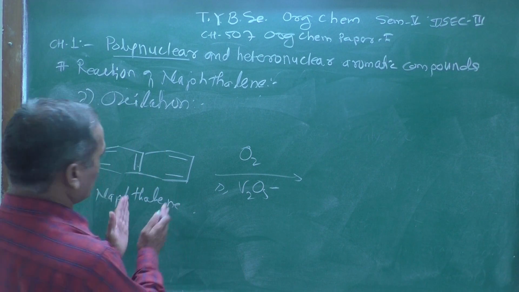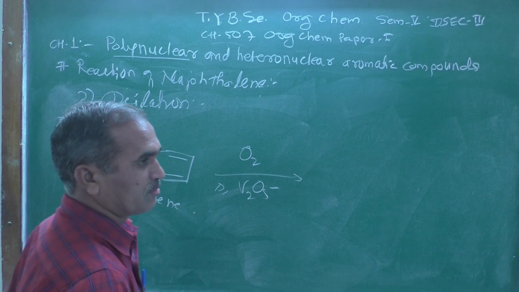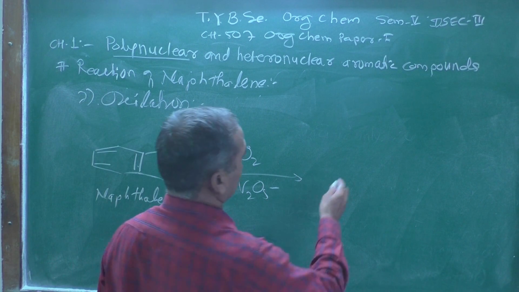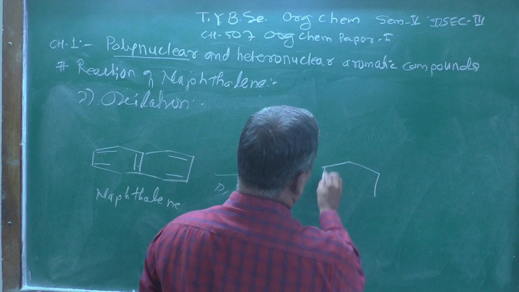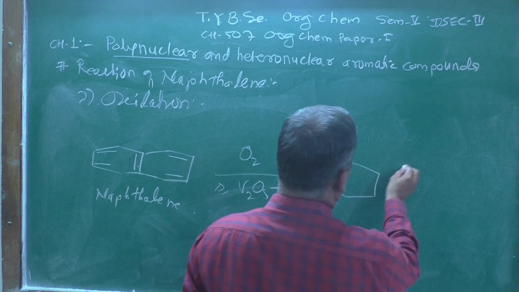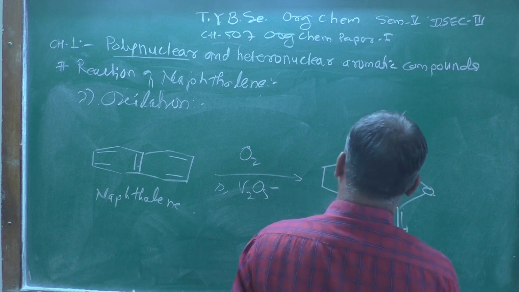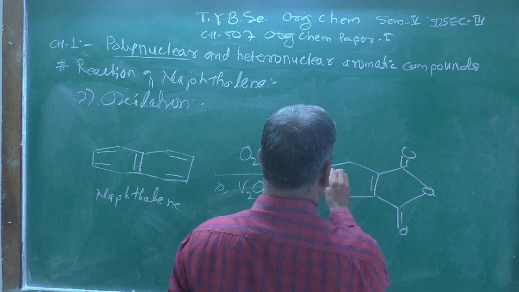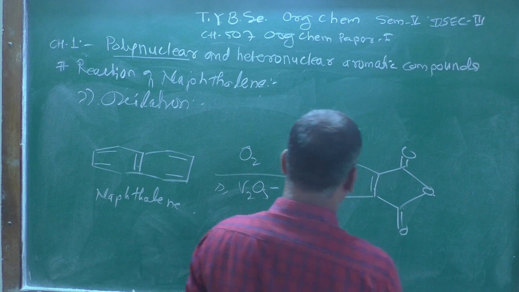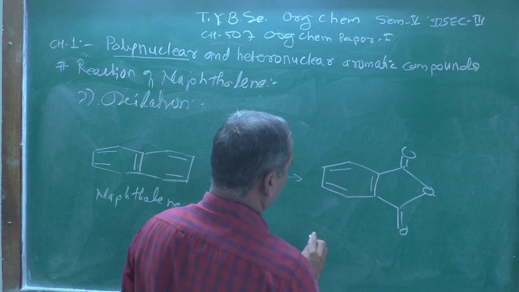The naphthalene is smoothly converted into phthalic anhydride. See how the reaction takes place, and it gives a very good compound with high yield, which is nothing but phthalic anhydride.